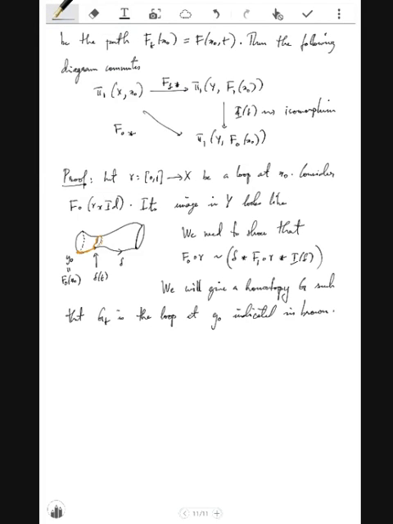So we consider the following three maps. Here we have f of x naught comma st. Here we have f compose gamma cross identity.